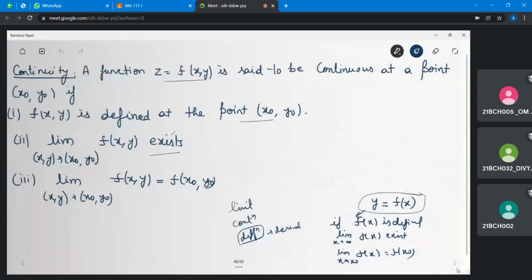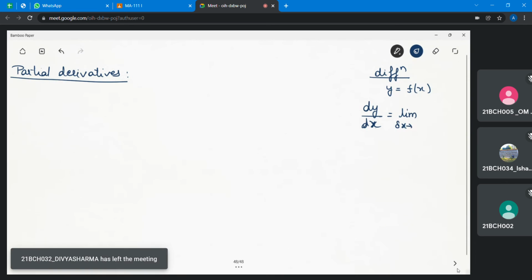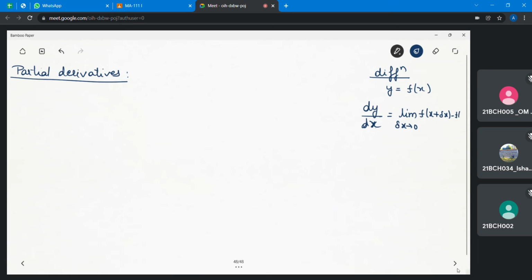So, if I have to define the differentiability of the function of one variable, if y is equal to f(x), then the derivative dy over dx represents the rate of change of y with respect to x, and it is calculated as the limit as delta x tends to 0 of f of (x plus delta x) minus f(x) upon delta x, the rate of change in y with respect to x.